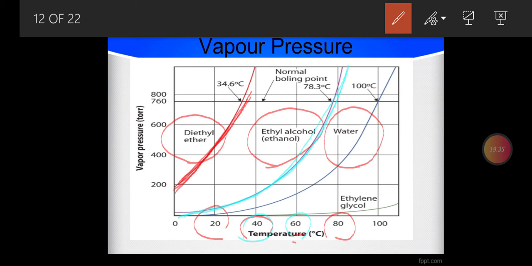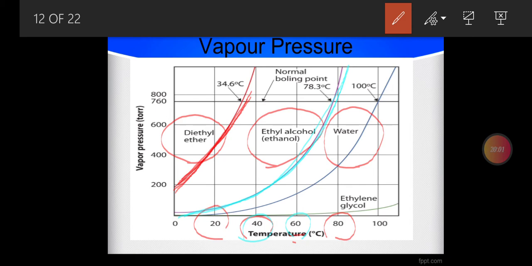And lastly, if we compare with water, see that it has very little vapor pressure as compared to ethyl alcohol and diethyl ether, and this is all because of increased hydrogen bonding or intermolecular forces that make it difficult for the water molecules to escape from the surface of the liquid.